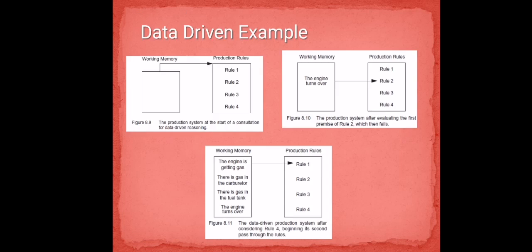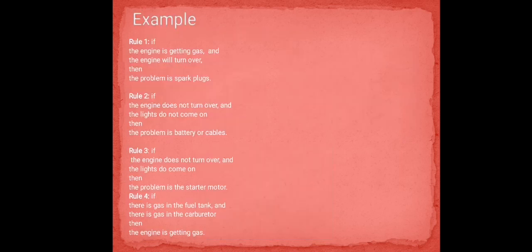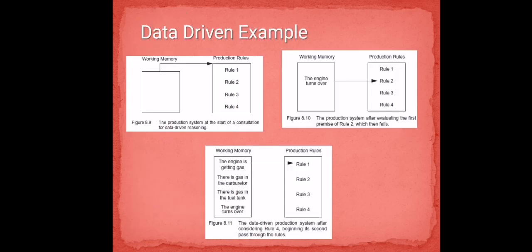When we are considering rule 1, there should be 2 things: the engine is getting gas and the engine will turn over. We don't know whether the engine is getting gas or not, and the engine will turn over. Suppose the engine turns over, then we will move to rule 2. Then we get some idea about the engine turning over.